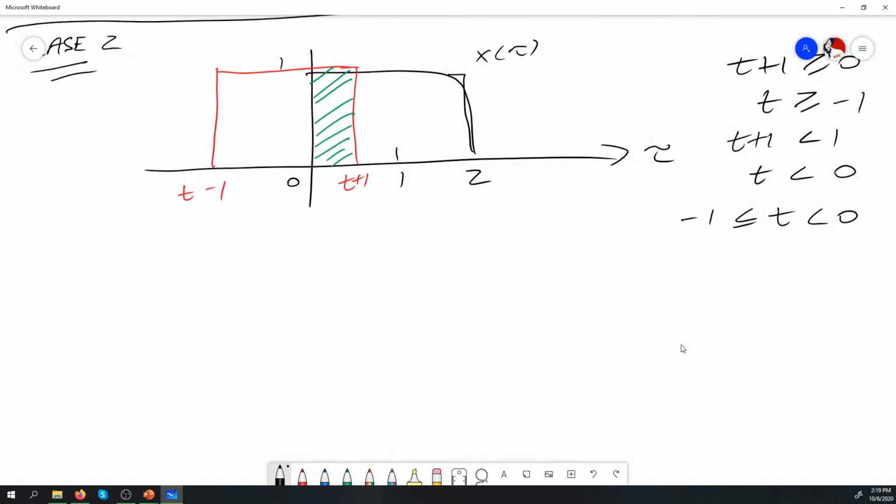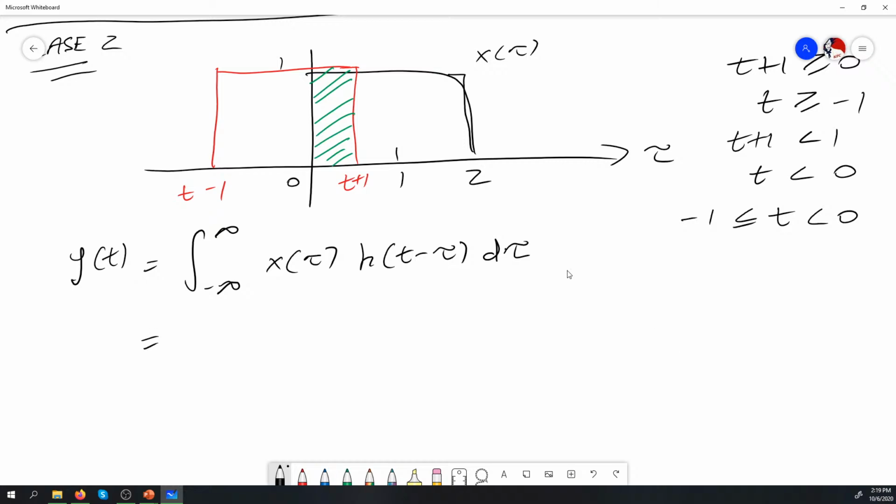Then, in evaluating our convolution integral, the limits for integration here will be t plus 1, where we have the uppermost limit for our overlap, and then our lowermost limit for overlap here is going to be 0.